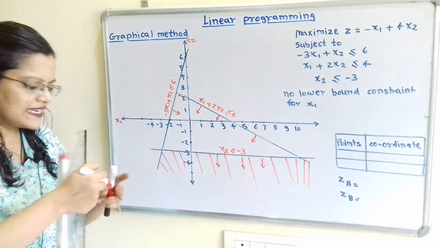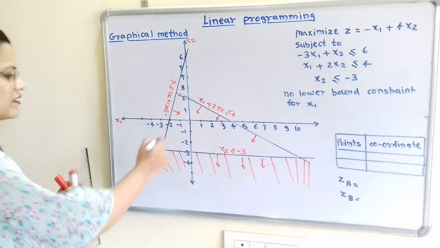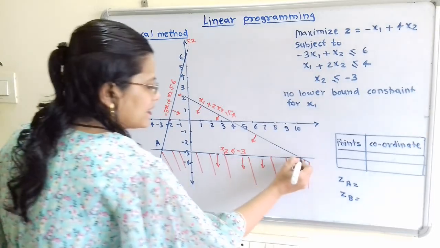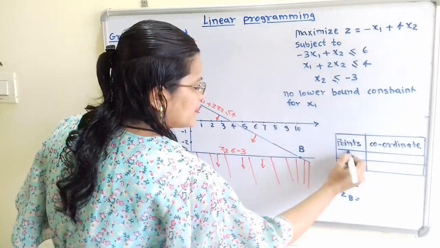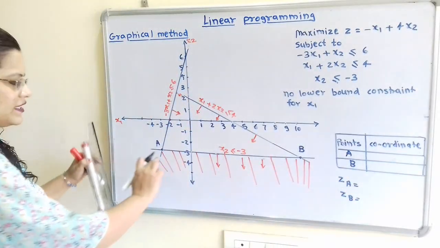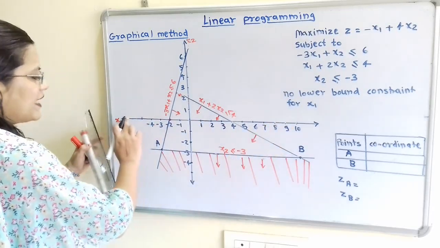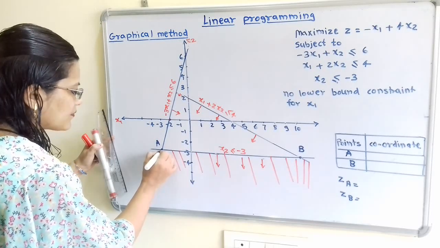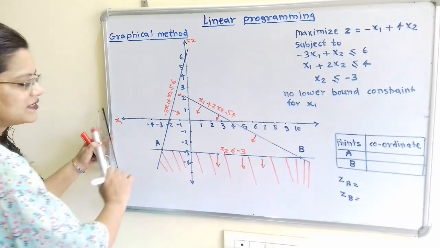Now we will select the points of intersection. Here is the first point of intersection for these two constraint lines, that is point A, and here is the second point B. I will prepare one table with points and coordinates. For point A, the point on the x-axis is -3 and on the y-axis is -3.